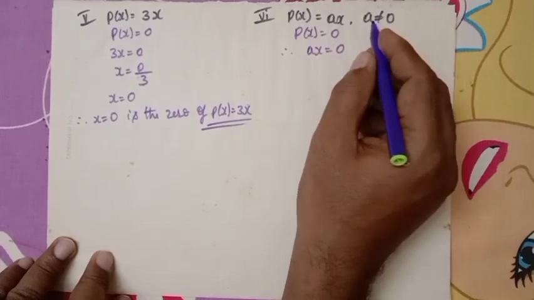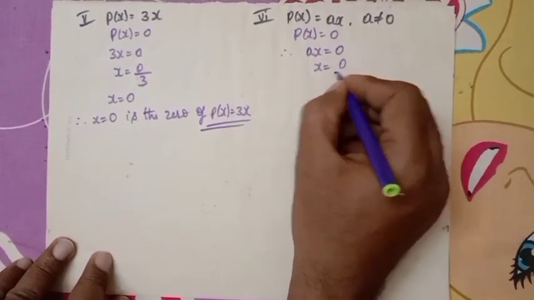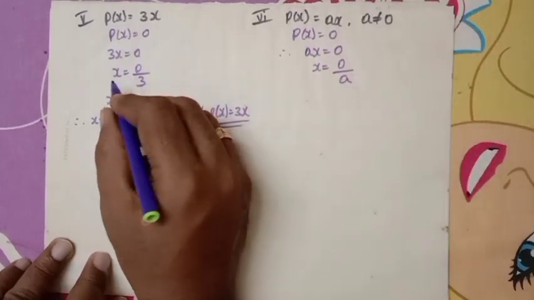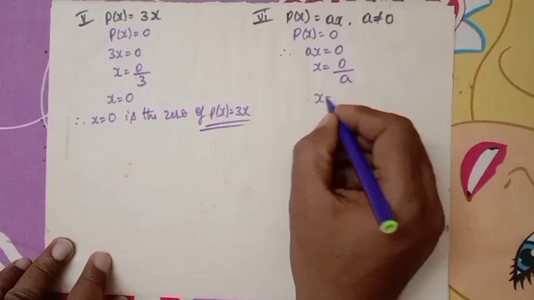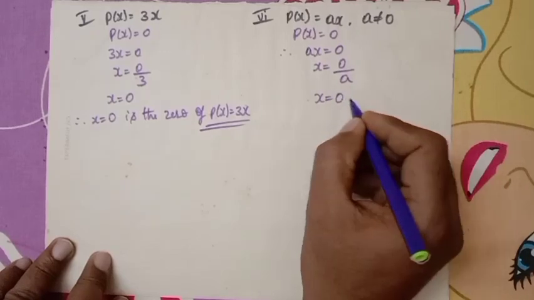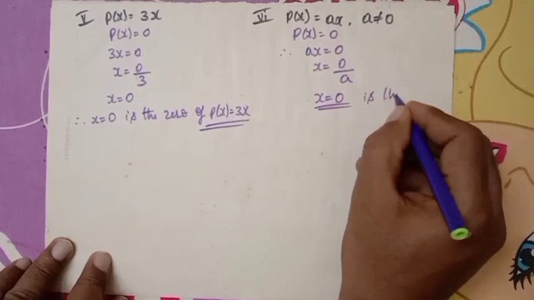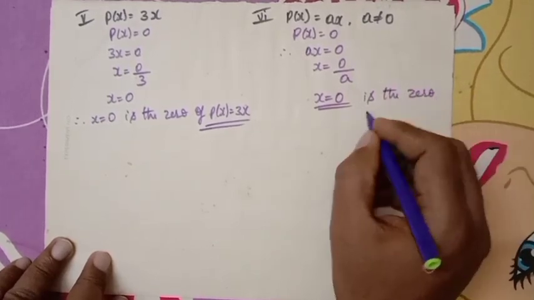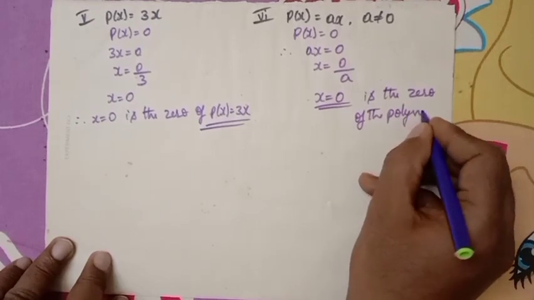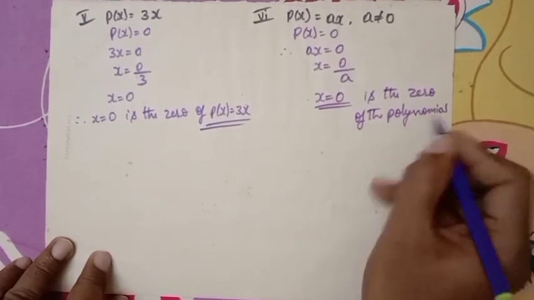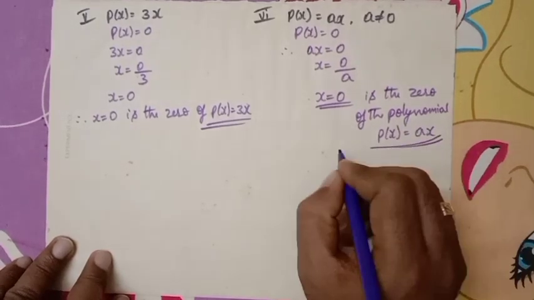It is already stated that a is not equal to 0. That means x is equal to 0 by a, as in this case x is equal to 0 by 3. So we can say that x is equal to 0 is the zero of the polynomial p of x is equal to ax.